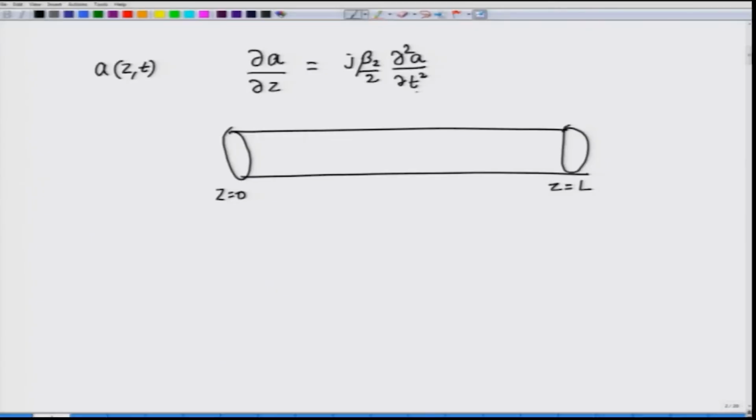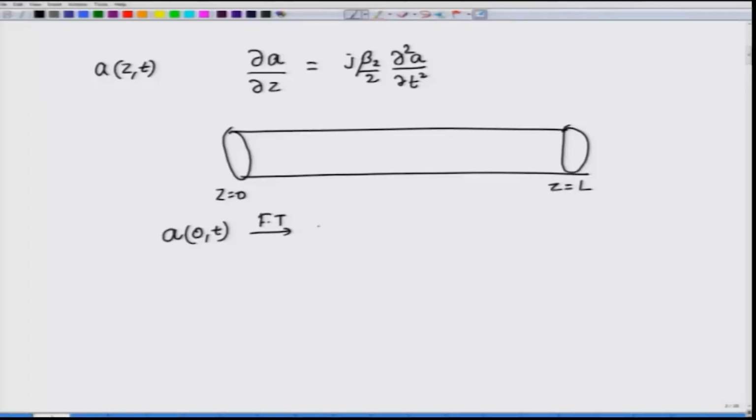How do we solve this equation? Well, how did we actually derive this equation? We derived this equation by a 3-step procedure. You start off with the pulse envelope at z equal to 0, you have some A of 0, t. You then Fourier transform it, because you want to study how the propagation of individual frequency components is being affected by the fiber.